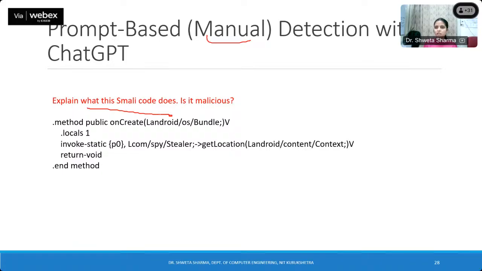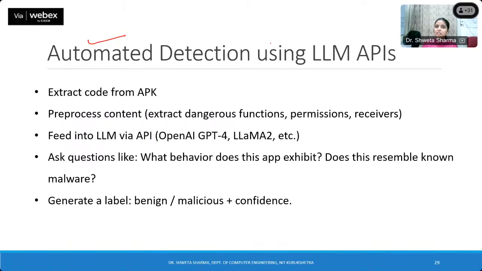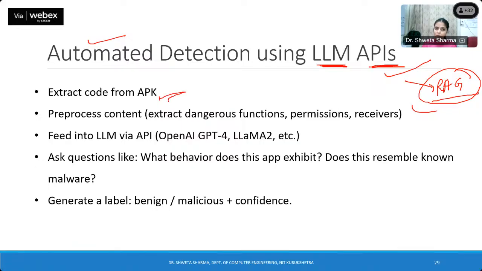And whatever other question you want to ask, you can write, it will give you the output. So this is the manual detection. But in automated detection, you can write a code in a similar way to what you have written in Google Colaboratory for MLP, that is multi-layer perceptron. Using APIs, if you want, you can go that way, or another way is RAG, which is very popular nowadays.